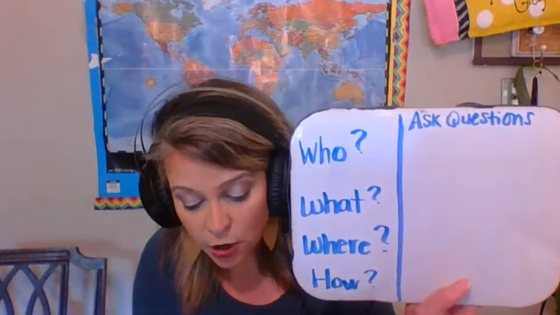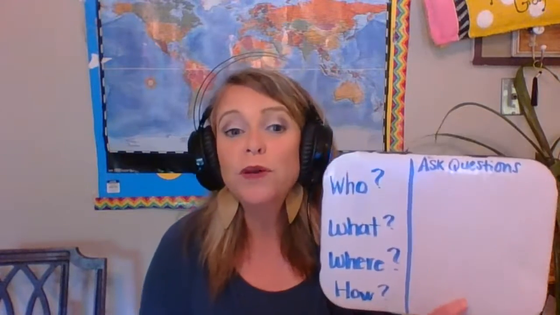All good students know that one of the first things that you do as a student is you can ask questions, okay? These are the questions we're going to talk about today, okay? If you think of the book we just finished, Charlotte's Web, can you ask the question that begins with a who? Something about the story that begins with a who. Now, there's many things you could come up with.